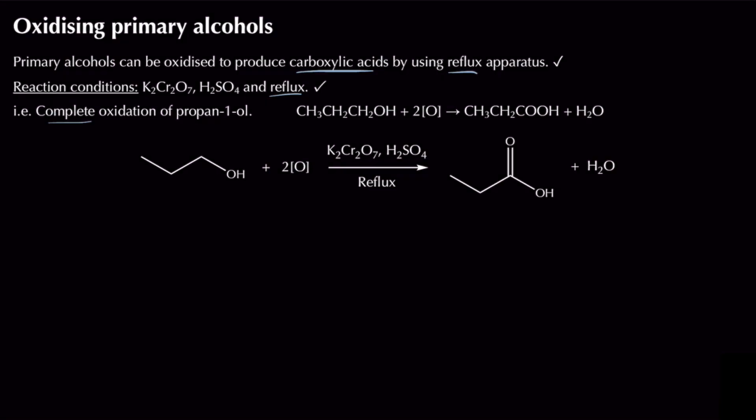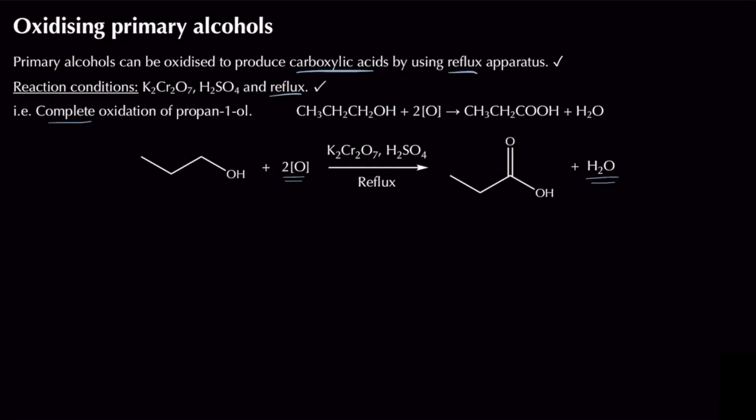We end up using 2 lots of oxidizing agent, but one mistake a lot of students make is that they forget that we only produce 1 lot of water. We do not produce 2 lots of water. You can see the reaction equation is very similar, but just remember you're going from a primary alcohol, 2 lots of oxidizing agent, reflux is the condition, and here you're producing a carboxylic acid, propanoic acid, and one lot of water.